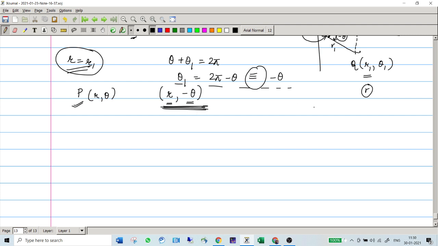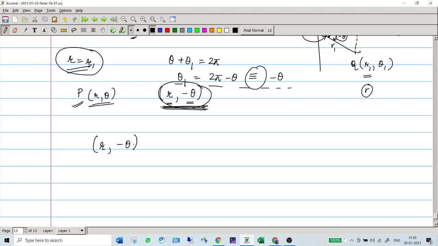Now look, for a polar point, a point given in terms of polar coordinates, we have several other representations, as we did for the alternate representations of points. So now we are interested in another representation of the point which is symmetric to (r, theta). That means we are looking for another representation of (r, minus theta).